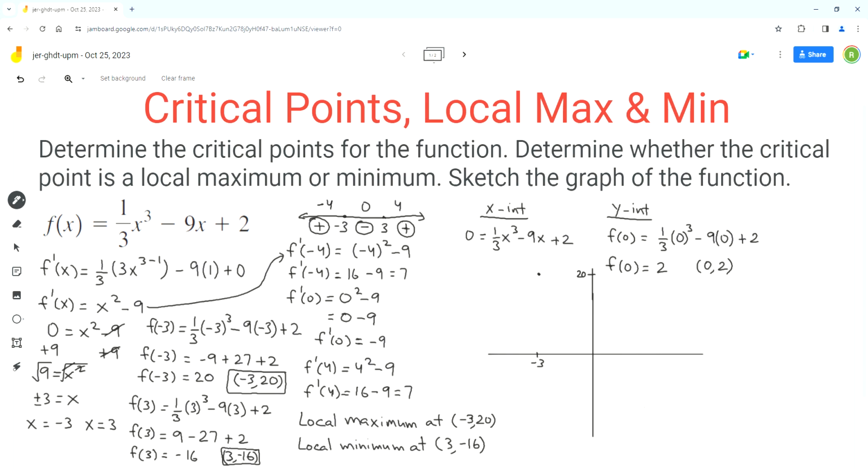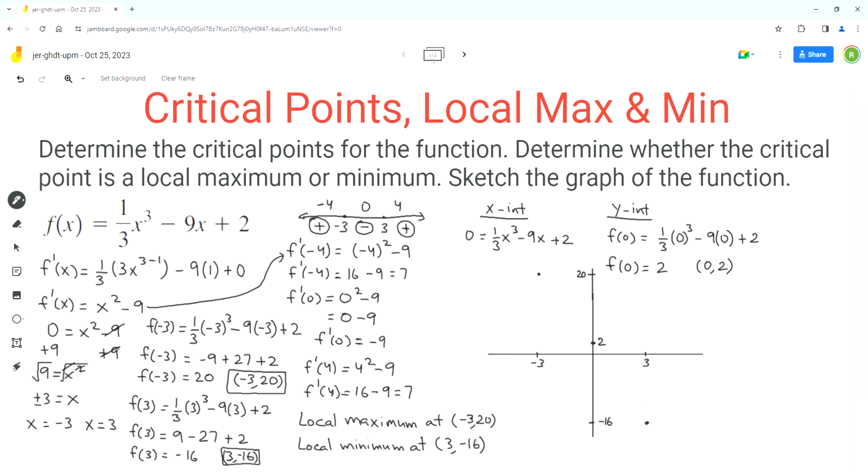The other critical point we got is (3, -16). So 3 is here and -16 will be somewhere here. So the other critical point is here, the local minimum. Now we got the y-intercept at 2. So that's here.